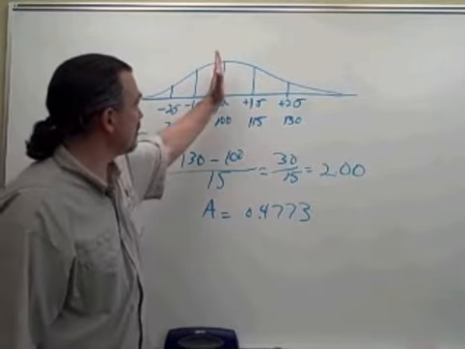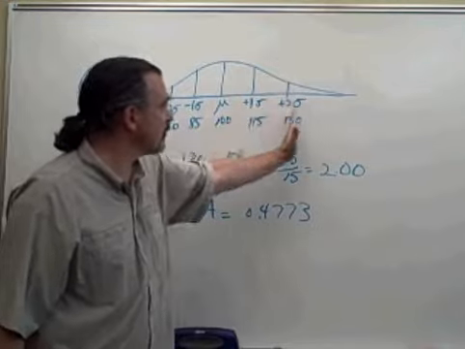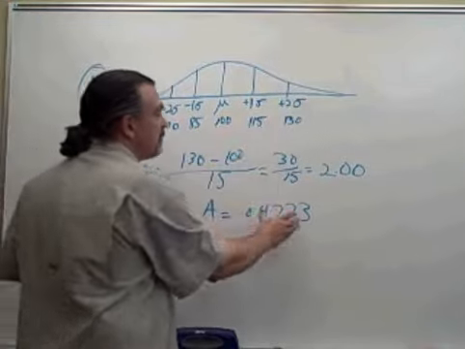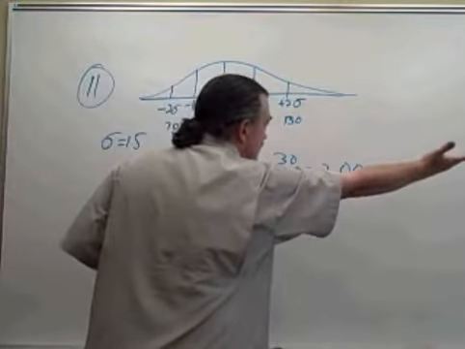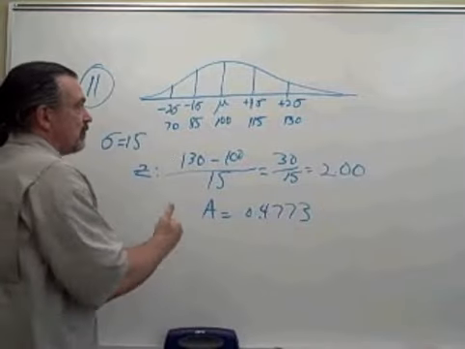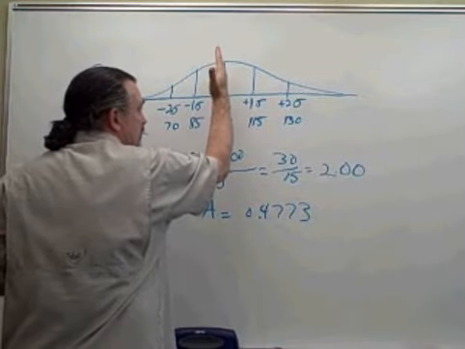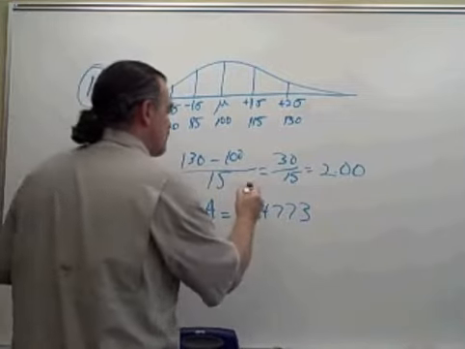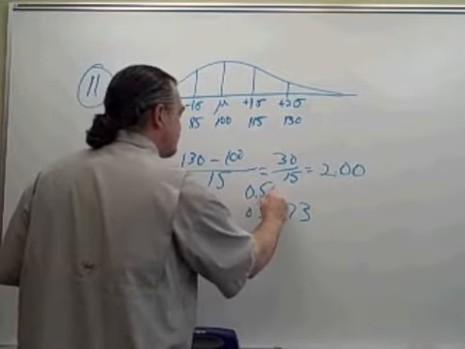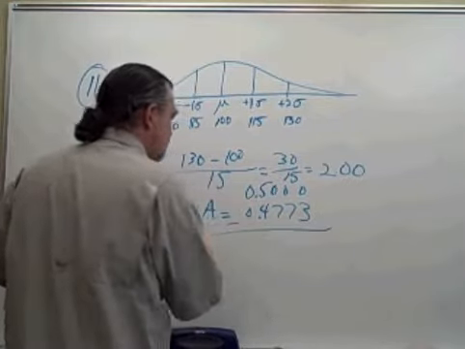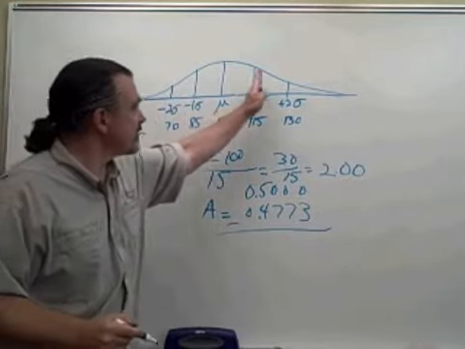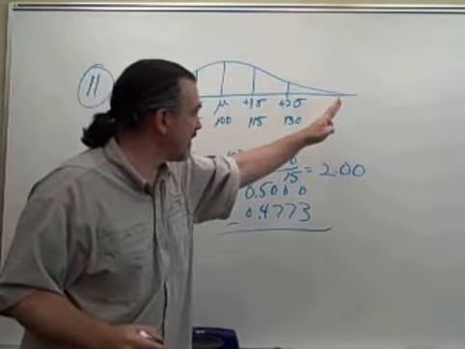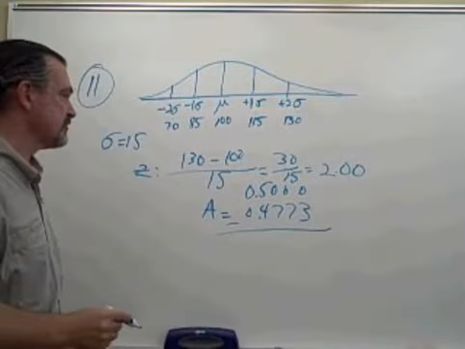So this is the area from the mean over to 130. We want the area from 130 on out to the end. Well, remember, the area from the mean to the end is 5/10. It's half. So if we subtract this area from the overall half, we'd have the area we are interested in.